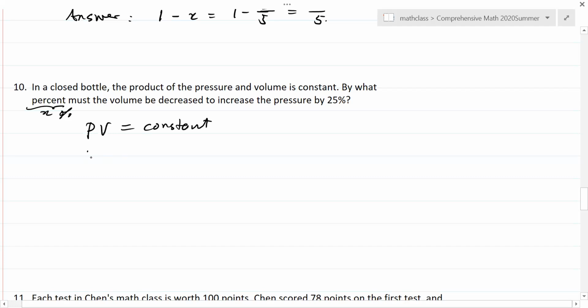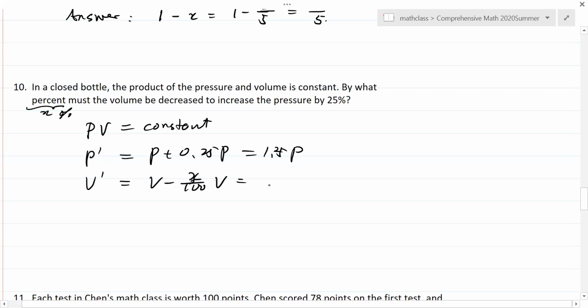So the new pressure is going to be 1.25 P, because of P plus 0.25 P. The new volume, because it decreased by X percent, is going to be 1 minus X over 100 times V. So the product is still the same. That means P prime V prime should be the same constant.